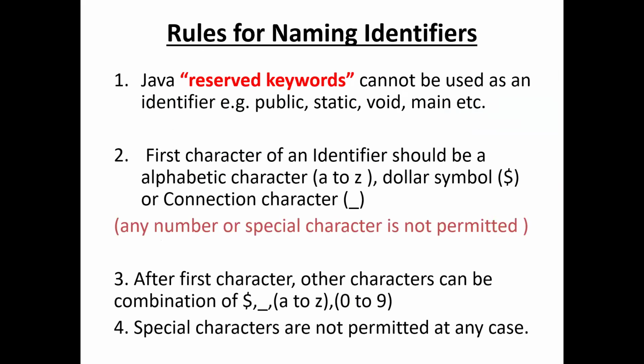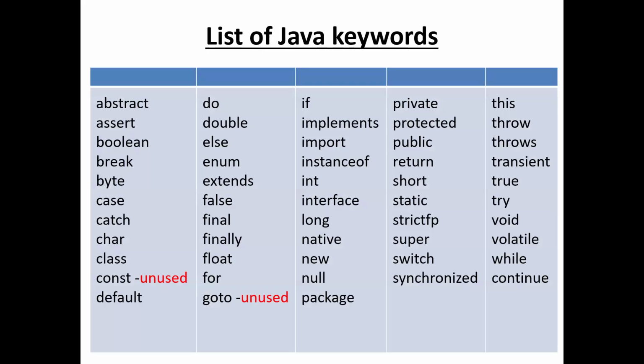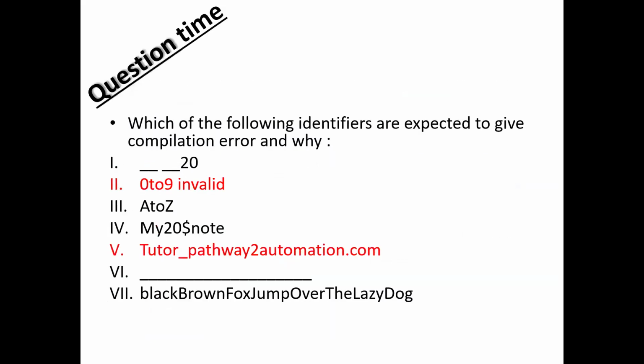They say the first character of an identifier should be an alphabetic character A to Z, dollar symbol, or connecting character. I told you that, using alphabetic characters, you can use a capital letter or a small letter. It does not matter. So that one is valid.